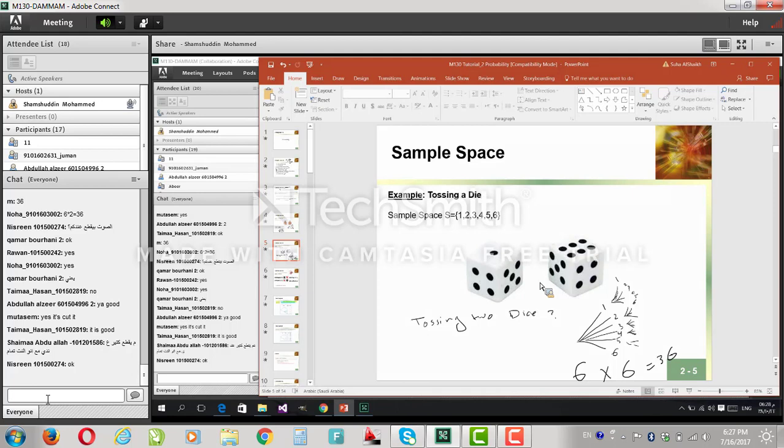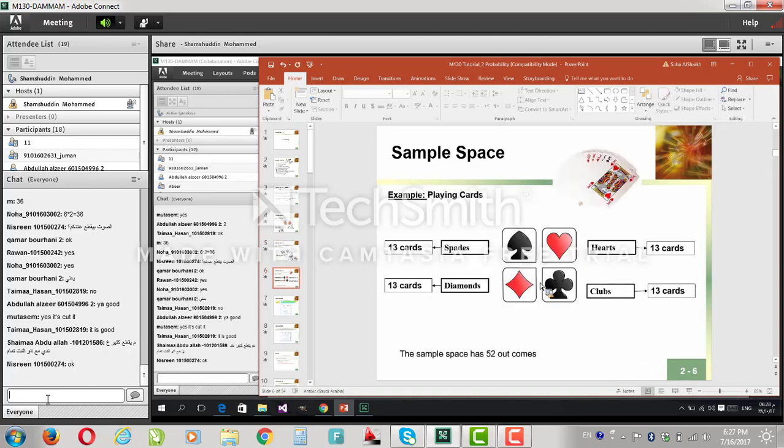Now the next example, I'm talking again about the sample space, but for playing cards. You know this. If you cannot hear, log out again. So in a deck, two suits are black, the spades and the clubs, and two of them are red, the hearts and the diamonds.